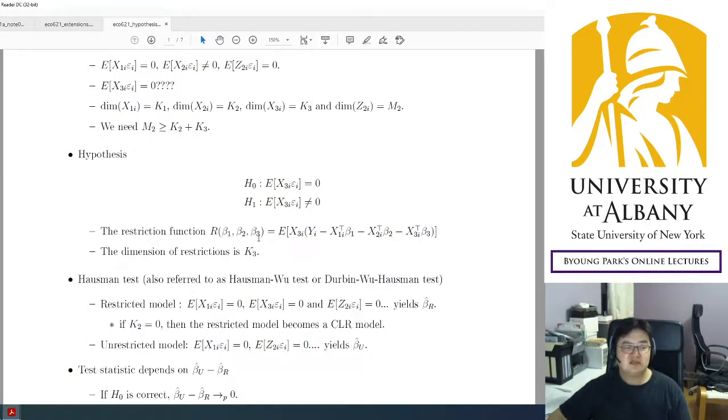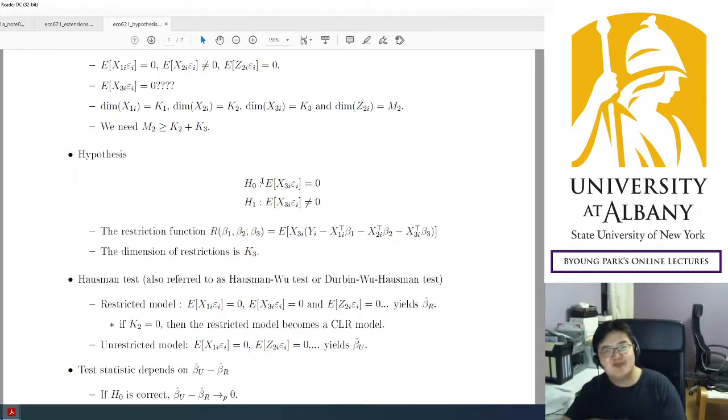It's simple, right? Remember, it's a k3-dimensional null hypothesis restriction. The null hypothesis has k3 restrictions.